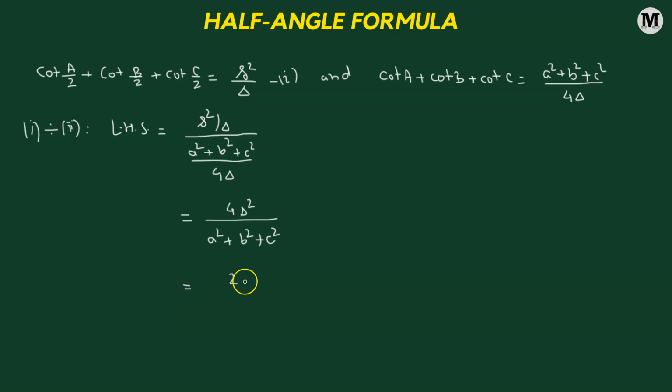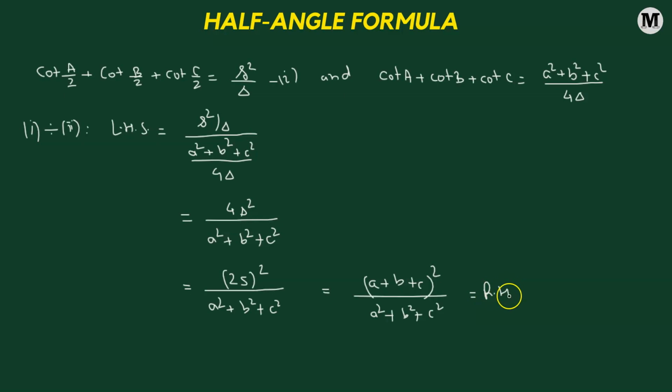The numerator can also be expressed as (2s) whole squared divided by a squared plus b squared plus c squared, and 2s can be replaced with (a plus b plus c) whole squared divided by a squared plus b squared plus c squared. And this is the expression on the right hand side.